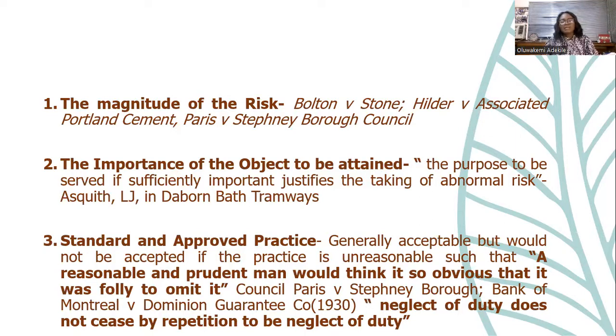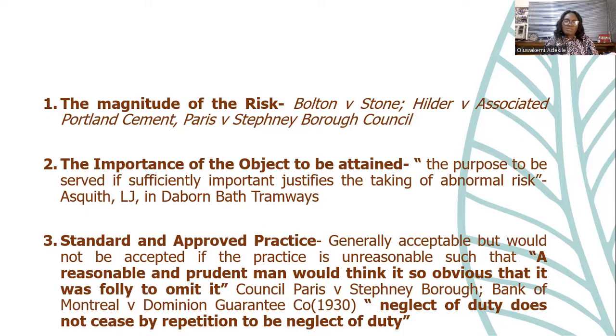The magnitude of the risk. If you take a case like Paris v Stepney Borough Council, where a worker who had one eye lost that one eye because the employers did not provide safety goggles in the course of employment. The court looked at the magnitude of the risk. This person has just one eye, so it was essentially important that that eye is kept safe.